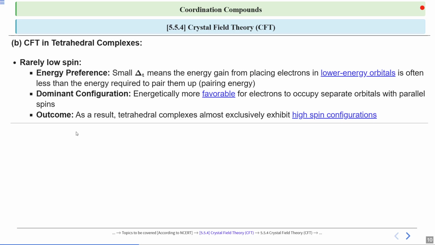So it rarely shows low spin configuration due to the energy preference, which is the smaller delta t, because the electrons should go into the separate orbitals with parallel spin rather than pairing up. This is going to define their configuration, which is exclusively high spin. So they rarely show low spin.